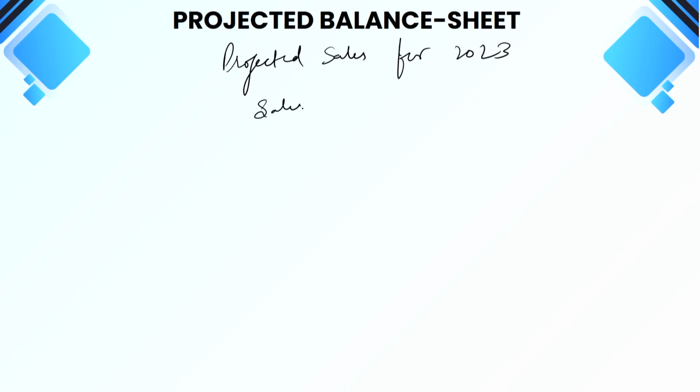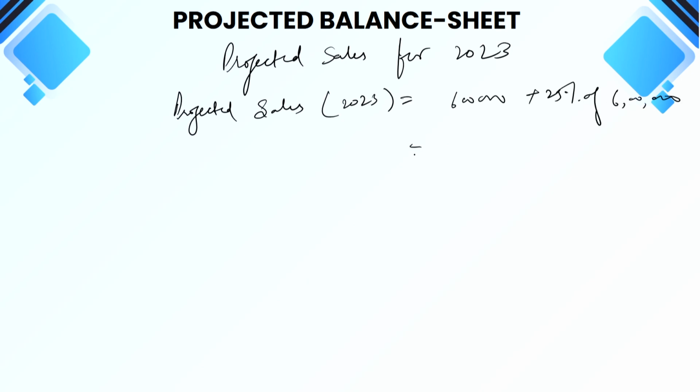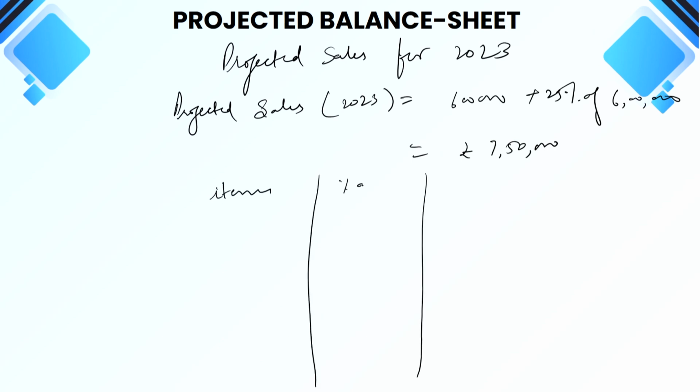So the projected sales for the year 2023 would be 6 lakh plus 25% of 6 lakh, which comes to 7 lakh 50,000 rupees. Now we again go for the projection of the different items, with percentage of sales and the projected amount.